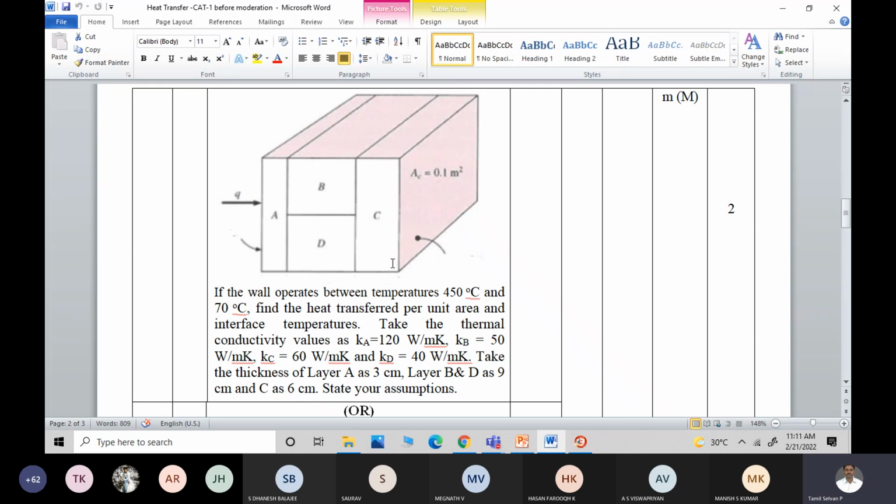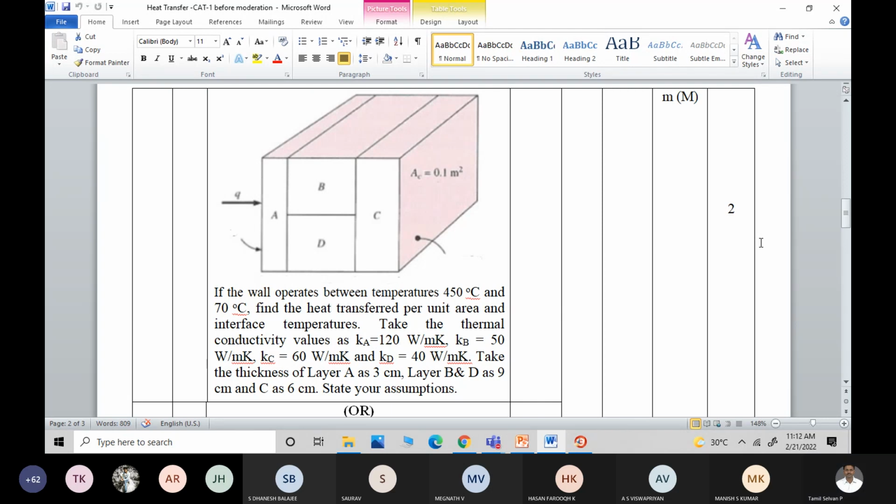So y-axis, no need. If you assume like that, it's wrong. I asked the interface temperature between A and BD, and similarly BD and C. Along the x-axis, at this point, what is the temperature?